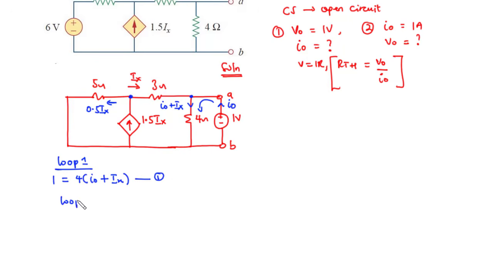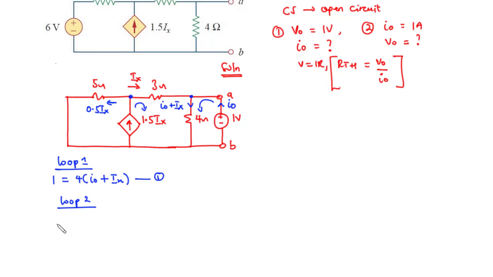Again, let's move on to another loop. We call that loop 2. In loop 2, we are going to consider this whole bigger loop, moving in the clockwise direction. Here we have the source voltage to be 0, because we don't have any voltage source.